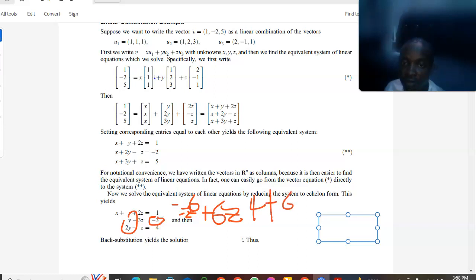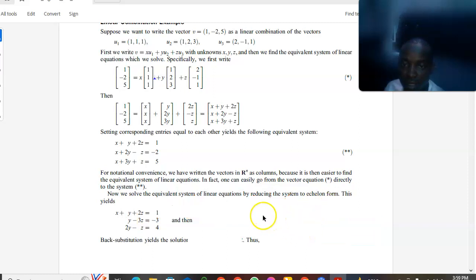That will give birth to the next thing we're going to have: 5z equals 10.